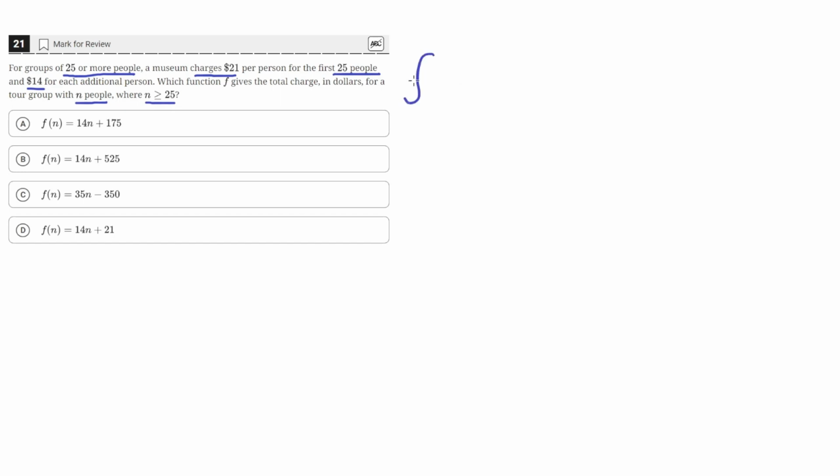Okay, so to find f as a function of n, the number of people, we first consider the first 25 people. So the first 25 people are charged $21 per person. So the total amount charged for the first 25 people is 25 times 21.